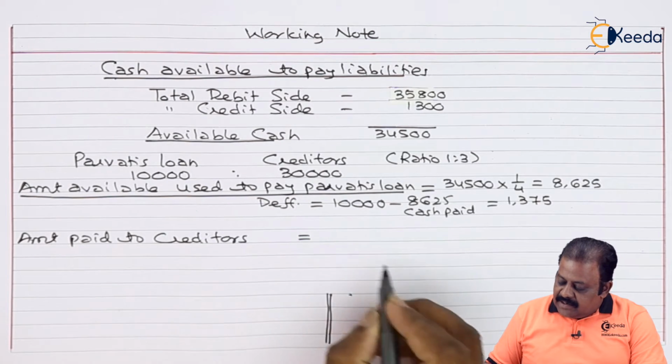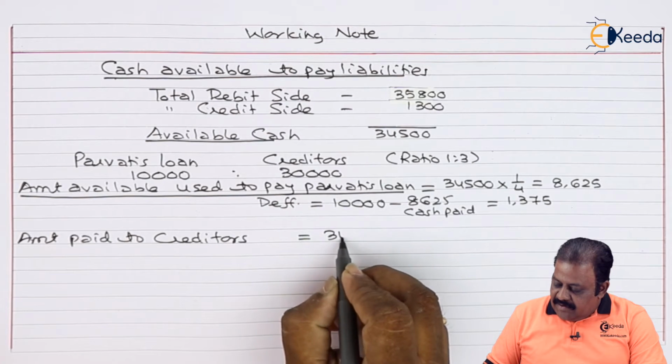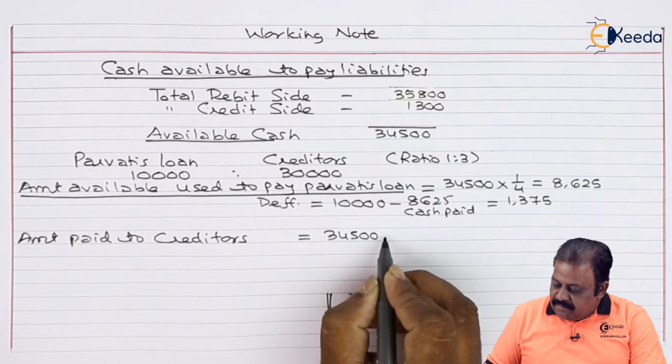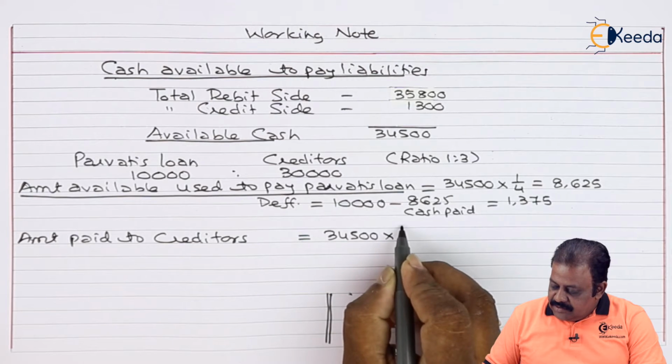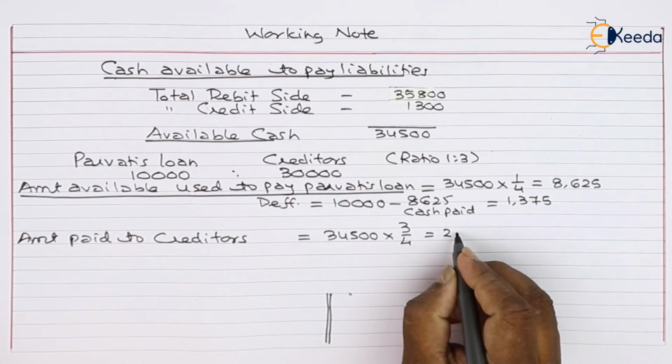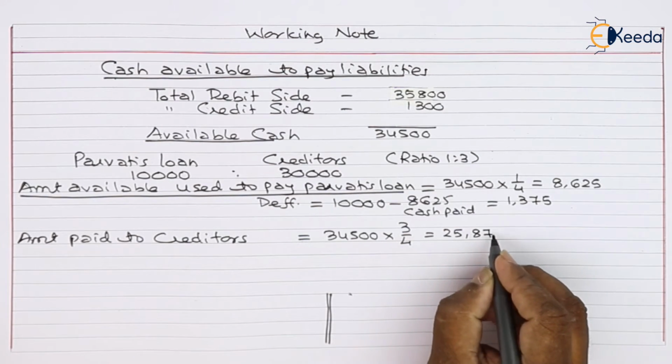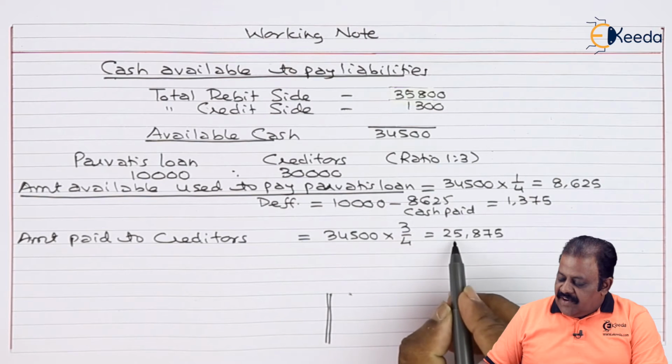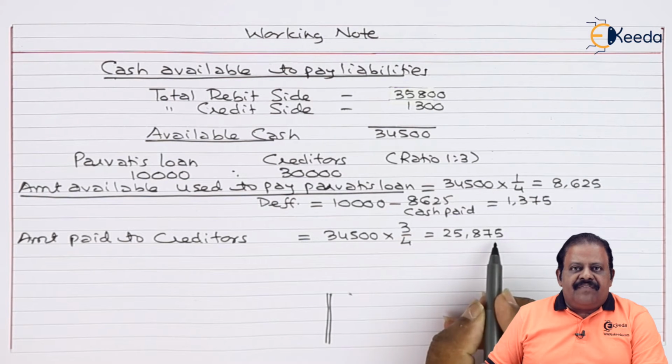Amount paid to creditors, cash available 34,500 multiplied by 3/4, rupees 25,875.